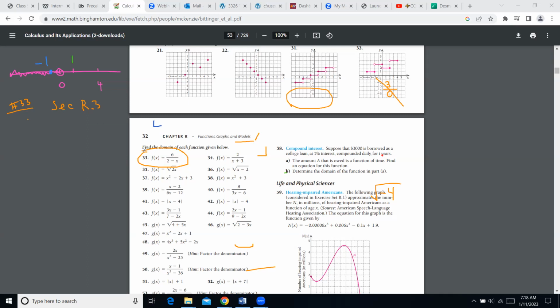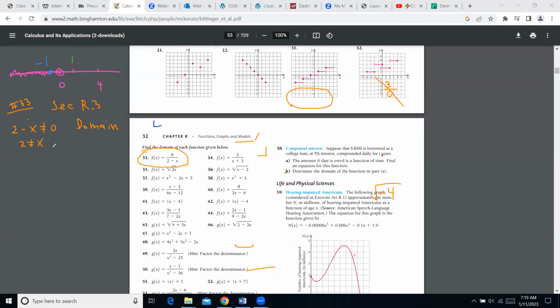Well, I see the case where we have a denominator. So we don't divide by 0, remember? So we say the denominator is never 0 when you're looking for domain. So what about x? Well, I can bring x over to the right side, so I can say x is not equal to 2.